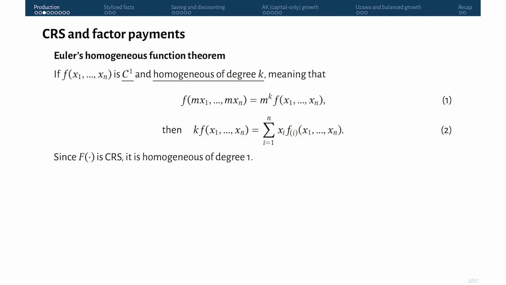This will turn out to just be really convenient all over the place, to the point that it's maybe a reason to be skeptical that constant returns to scale actually is what obtains, because the economic theorist is so desperate for it to be true. But anyway, the reason why it works is because of a theorem called Euler's homogeneous function theorem.